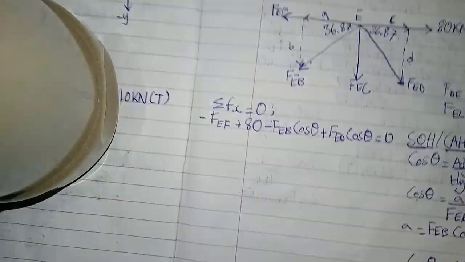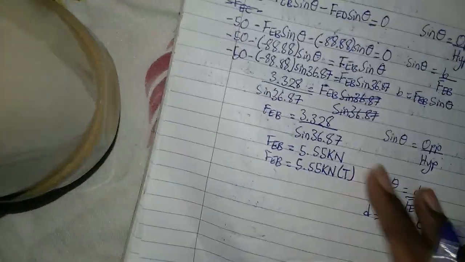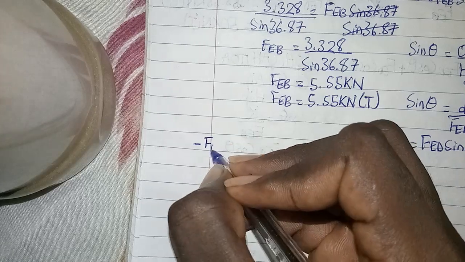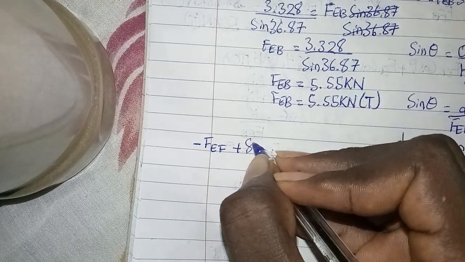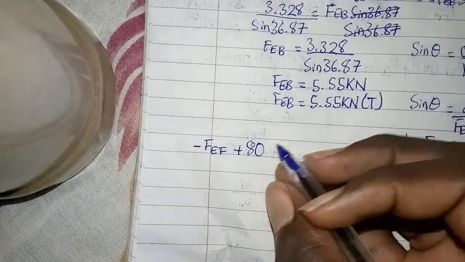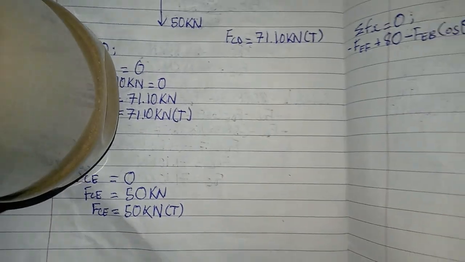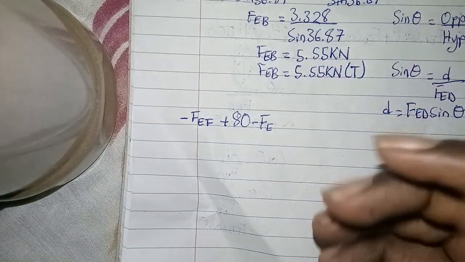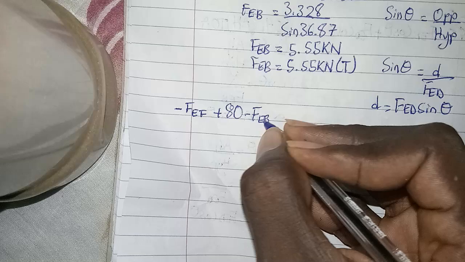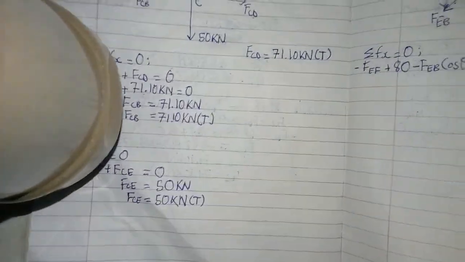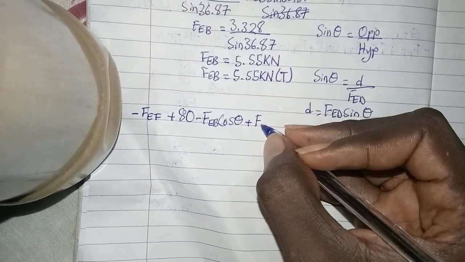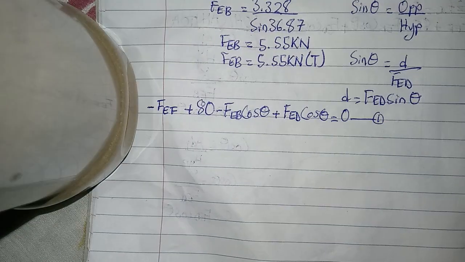So let's state equation 1: negative force EF plus 80 minus force EB cos theta plus force ED cos theta equals 0.